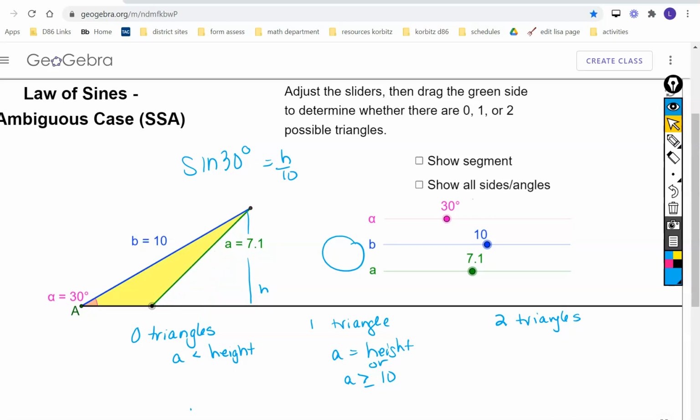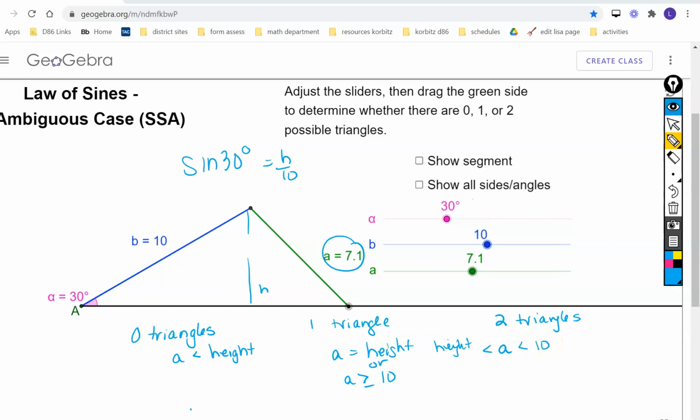So there was an obtuse triangle or an acute triangle. So we had 2 triangles if A was greater than the height, yet less than that other side. I always call that a tweener. It's right in between the length of the height and the other side.